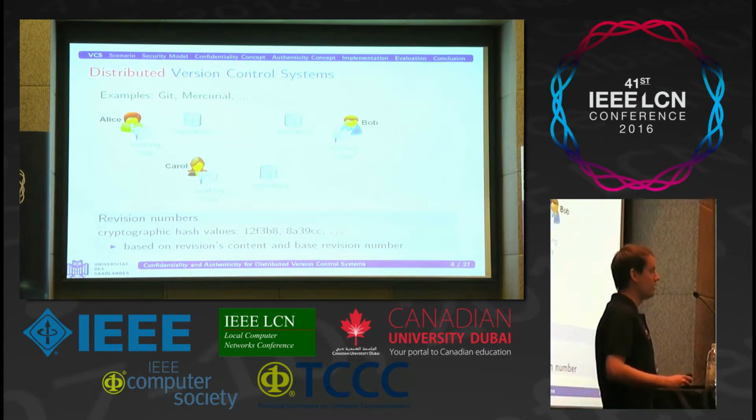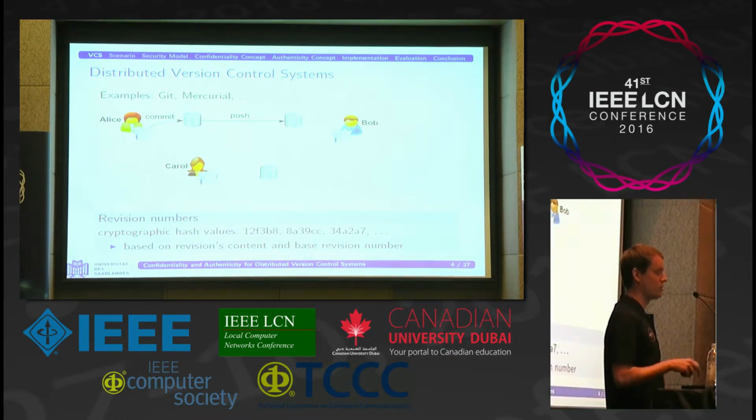Now, today the most popular systems are distributed systems, which have a peer-to-peer-like architecture. The most popular ones are Git and Mercurial, and here we do not have a central repository anymore, but each user stores a local copy of the repository, and consequently the commit operation is only a local operation, and we have additional operations that allow users to synchronize their repository with others.